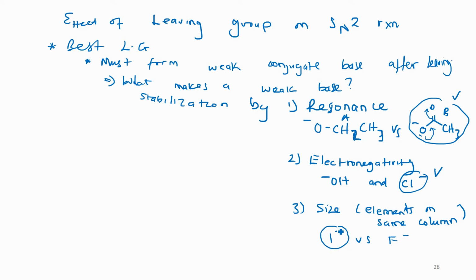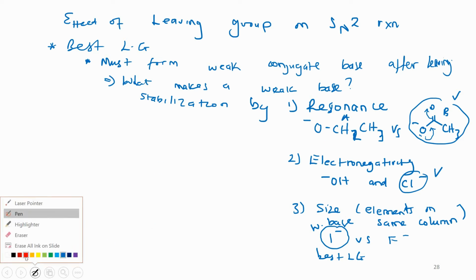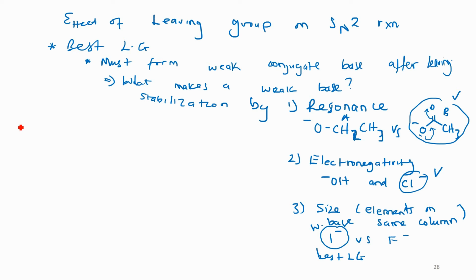I minus is big, so this will be the weakest base. And if it's the weakest base, it's the best leaving group. Okay. So those are the 3 main things you consider for leaving groups: stabilization by resonance, electronegativity, size. So now let's go to examples as usual, which is why I'm here.